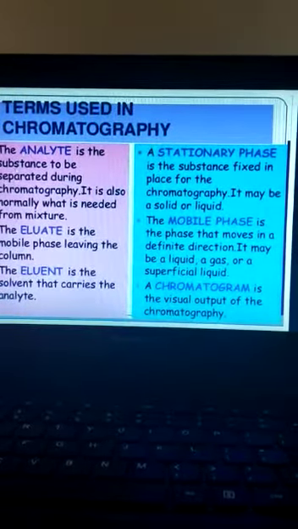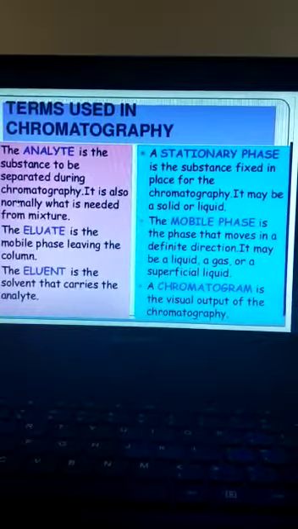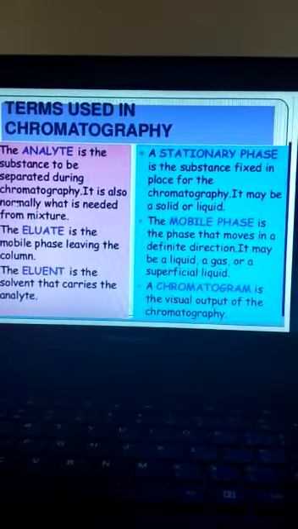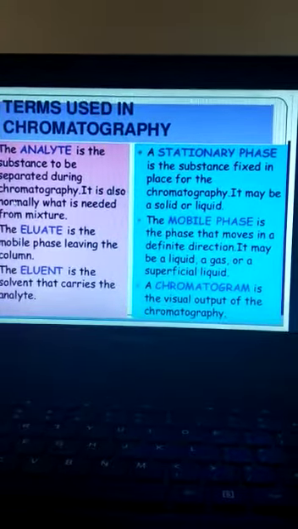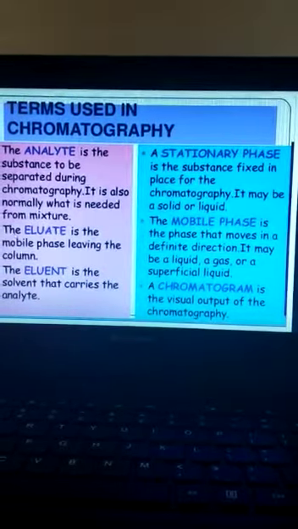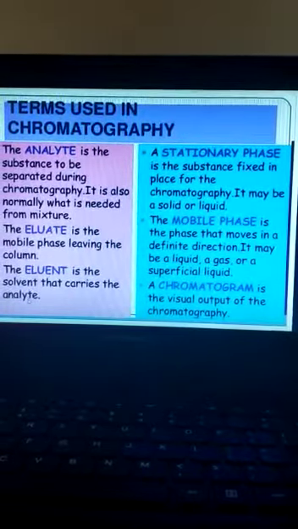An analyte is the substance separated during chromatography. It is the leaf mixture that was used by Michael Tswett. The eluate is the mobile phase leaving the column. Eluent is the solvent that carries the analyte.